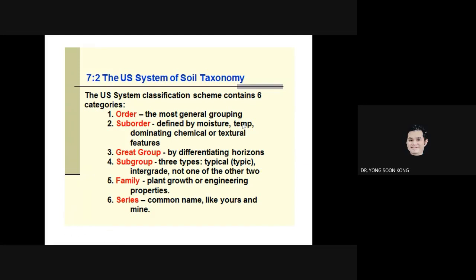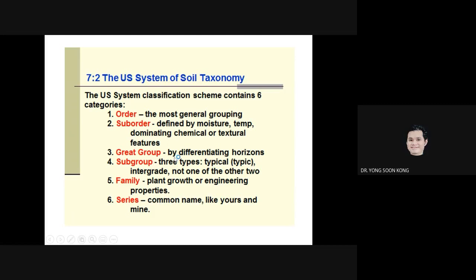Malaysia doesn't have 4 seasons, so usually we don't talk about temperature that much. It's the moisture that we are probably going to define in suborder. But occasionally, some of the suborders might talk about other things like the chemical or textural feature. Now, this is more apparent when we're talking about the organic soil. So they are probably going to define other things apart from moisture and temperature, but the majority is talking about moisture and temperature.